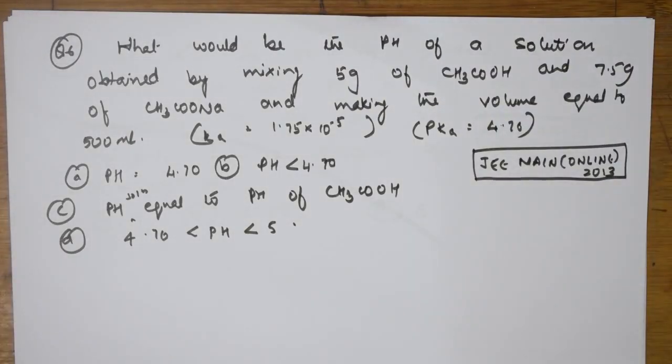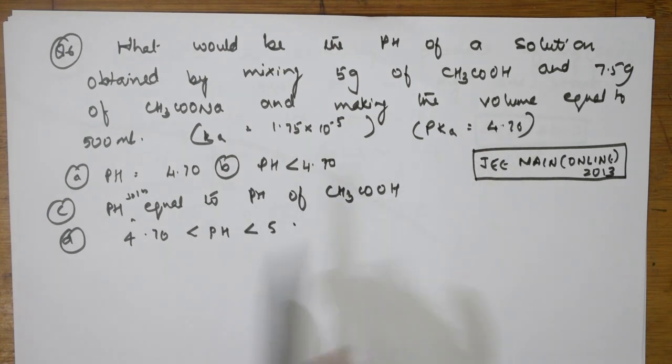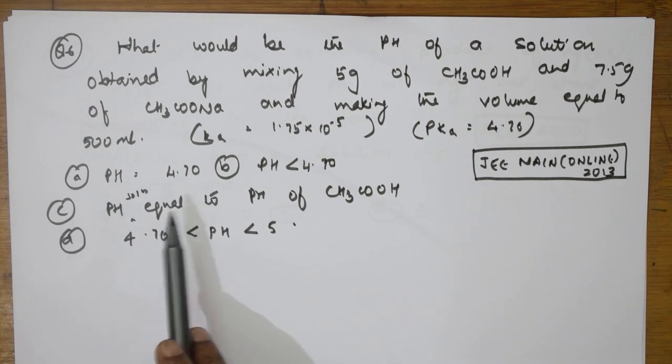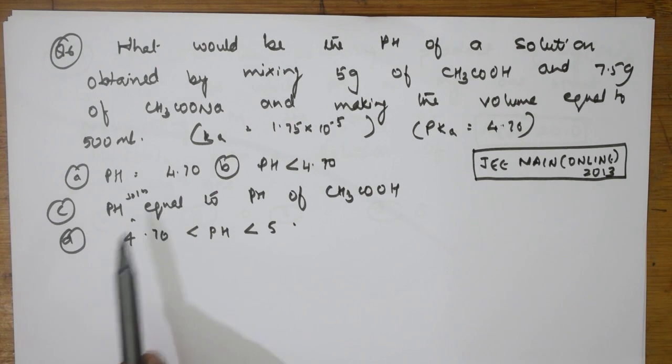Right. Now let us see the next question. Here, what do they give us? In ionic equilibrium, what would be the pH of a solution obtained by mixing 5 grams of acetic acid and 7.5 grams of sodium acetate and making the volume equal to 500 ml? They've given us Ka and the pKa value, both. This is your 2013 online exam question, and they've given us 4 options.